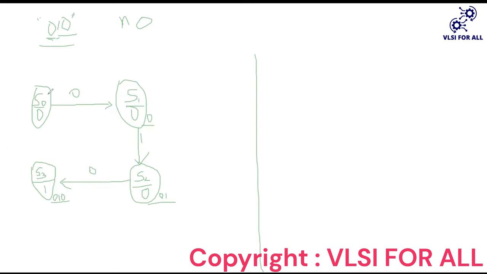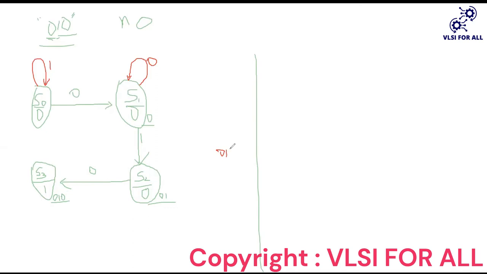So now when we get 1 here, it'll go back to the same state. Again, when we get 0 here, it'll be moving on to the same state. And then here, when we already have 0, 1, if we get 0 here, we'll be moving on to the next state.